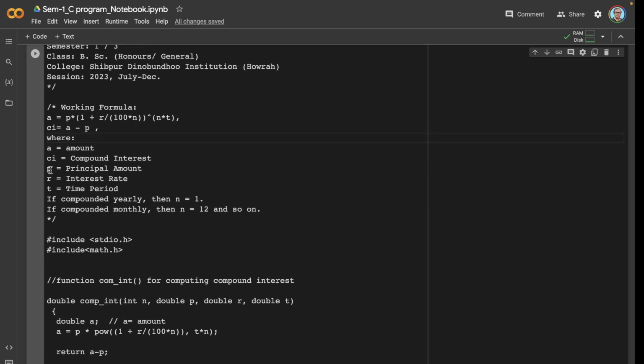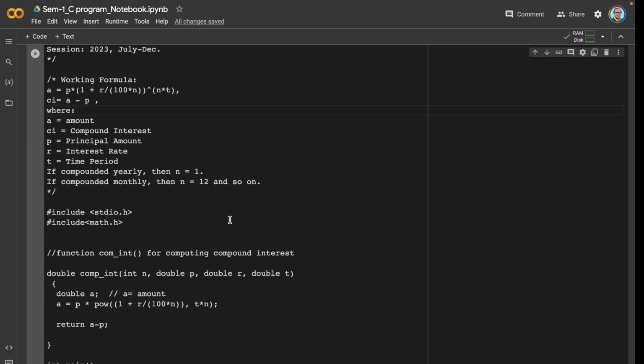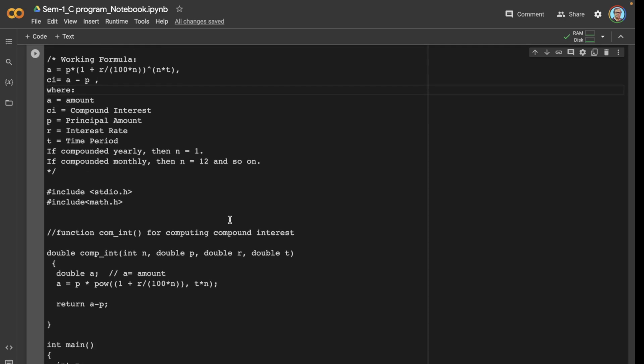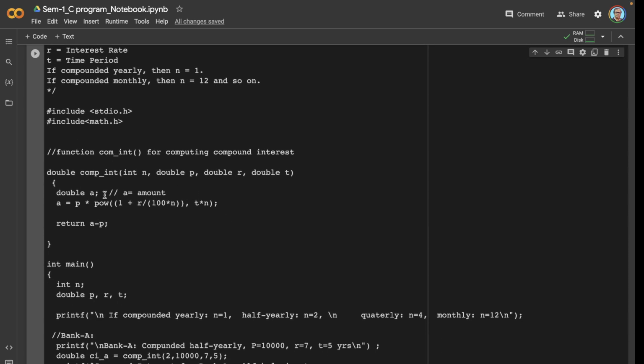Here P is the principal amount, R is the interest rate annually, and T is the time period. If compounded yearly, then n equal to 1. If monthly, then put n equal to 12, and so on. Quarterly, n equal to 4, and bi-monthly, n equal to 6, and so on.